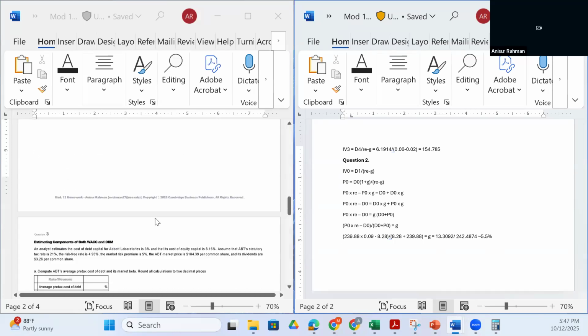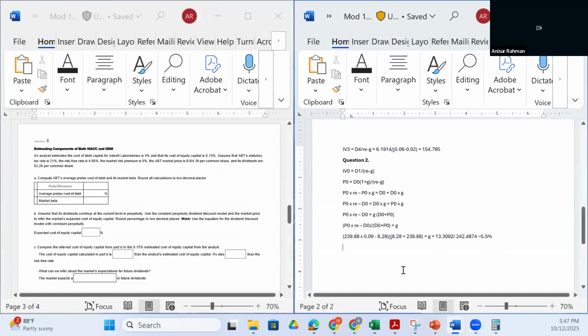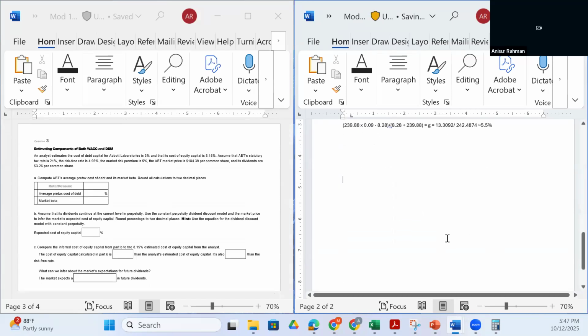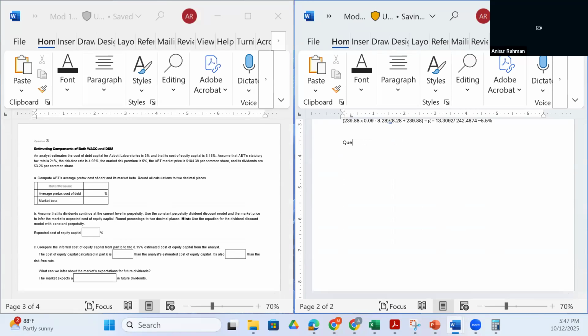So now question 3 is asking: an analyst estimates the cost of debt capital for Abbott Laboratories is 3%, and that its cost of equity capital is 8.15%.